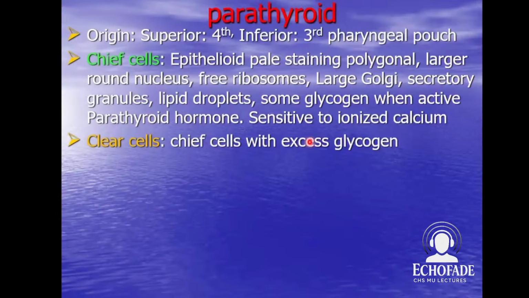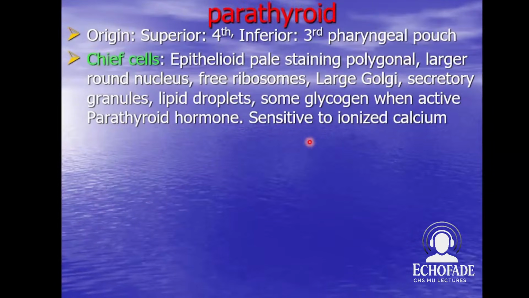It comprises 3 cell types. The principal cell type, also called chief cells, are the cells that produce the hormone, parathyroid hormone. They are an epithelial arrangement, usually columnar or polygonal in shape.